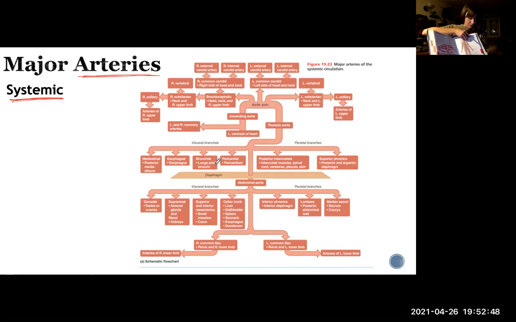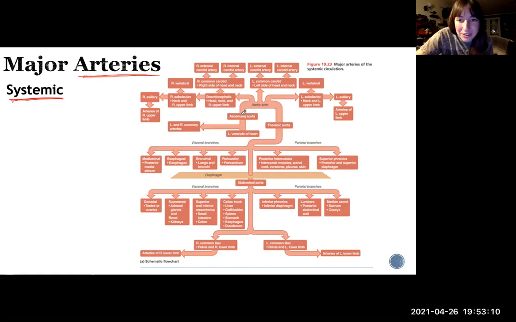This is page 738 and 739. We have a schematic to go with each part of the body. And the schematics are so cool because they really simplify. I know it doesn't look like it here, but this is the entire body. Okay, so this is the major arteries of the entire body here.